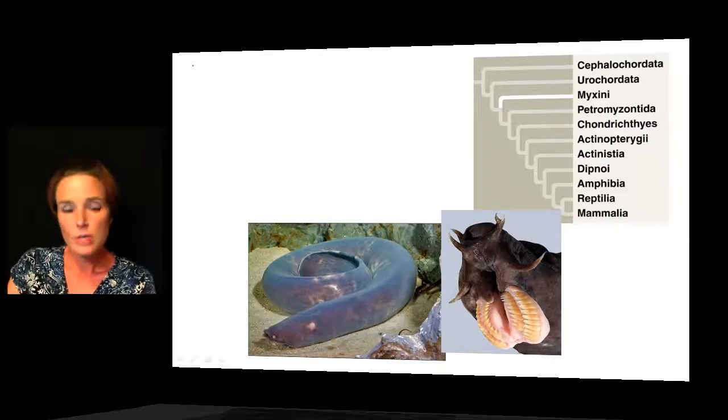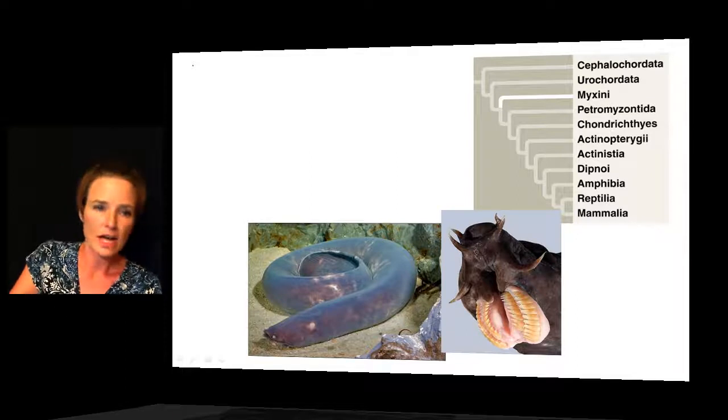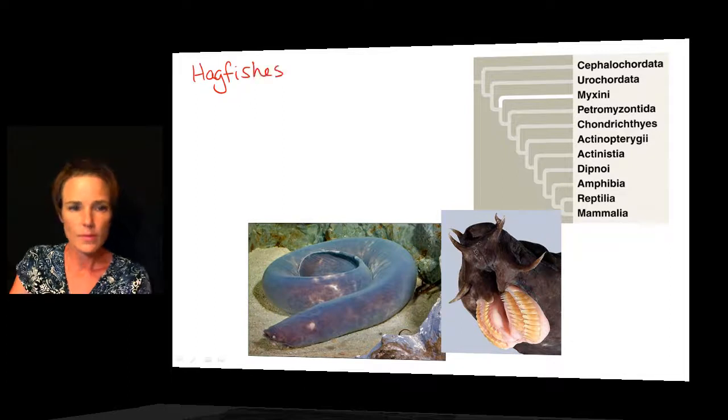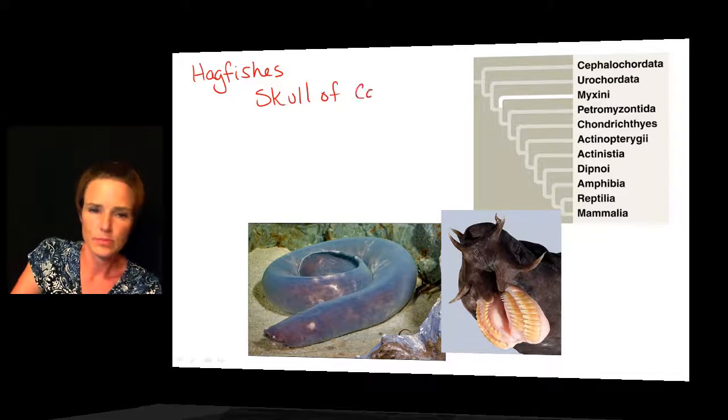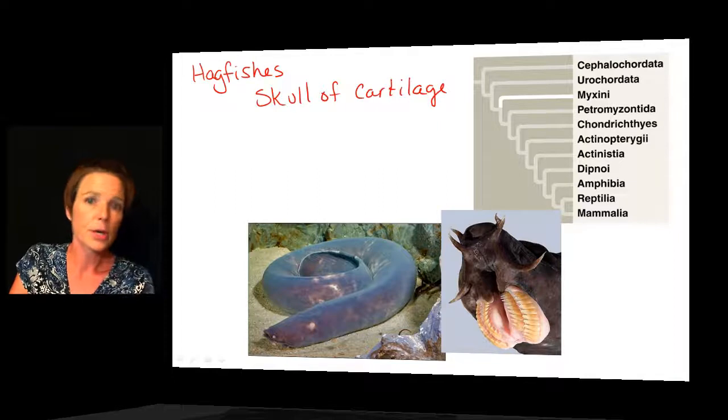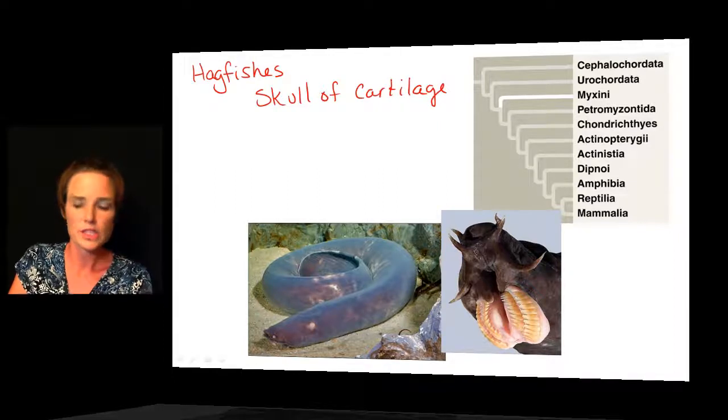If we look at the most primitive of the craniates, this brings us to the hagfishes. Hagfishes have a skull that's going to be made of cartilage. So this skull is not made of the typical bone that we think of when we think of a skull.